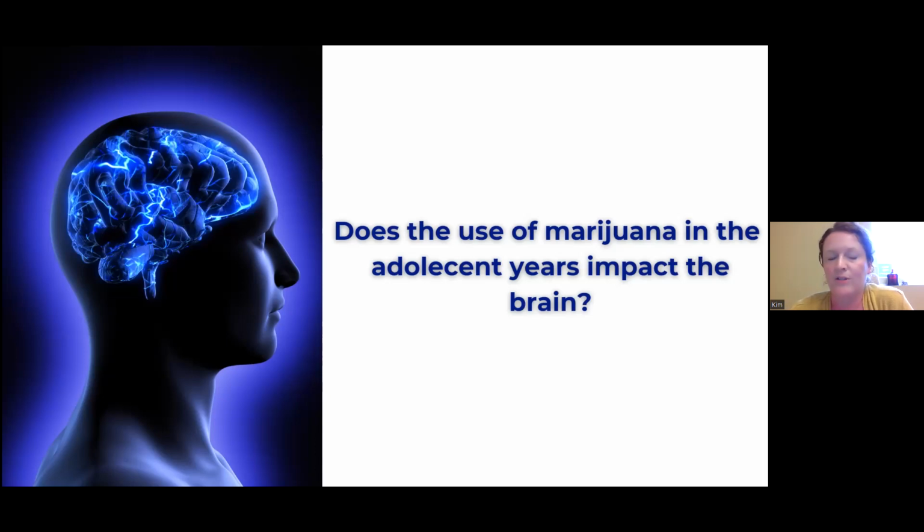Because not only do we kind of stunt the growth, there is still not a lot of information about how long that impact can last. Is it a forever impact? Is it a temporary impact? They are still trying to figure that out. But we do know that it can have an immediate impact in their brain.